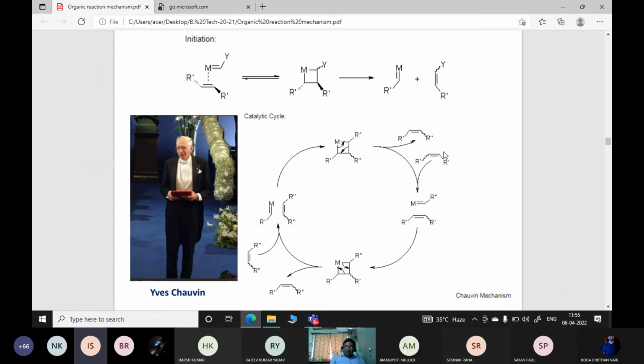And again another molecule of alkene takes part in the reaction with the catalyst, and that also forms a four-membered ring, and this four-membered ring again dissociates to give the alkene, and again another new molecule takes part.